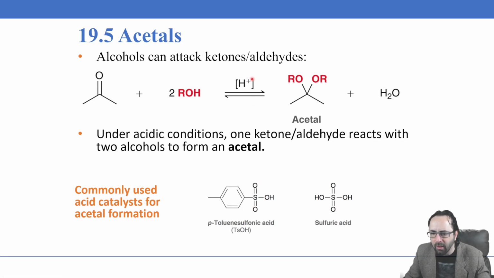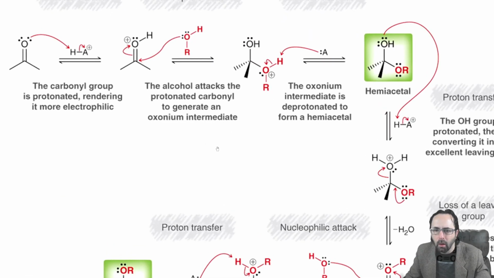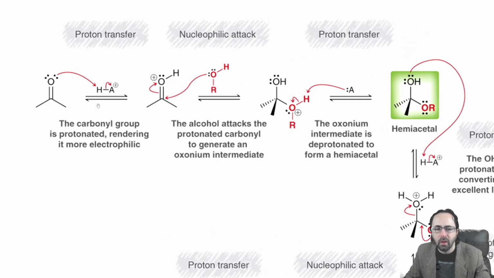This is going to be catalyzed by acid, so generally you use a strong acid that is not very reactive otherwise, such as sulfuric acid, or the even more stabilized sulfuric acid analog, p-toluenesulfonic acid. So in terms of the mechanism here, again, this is happening under acidic conditions, so you should be thinking, what happens to the carbonyl under acidic conditions with a very strong acid like sulfuric acid?